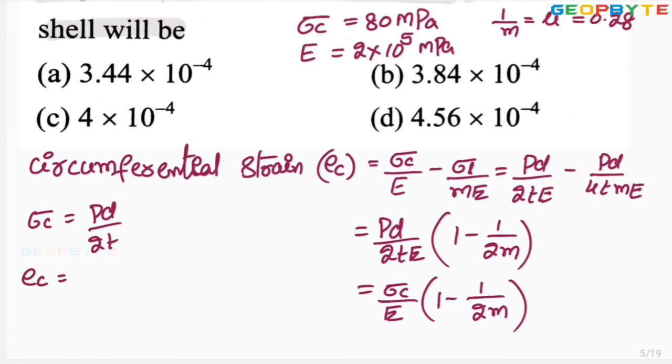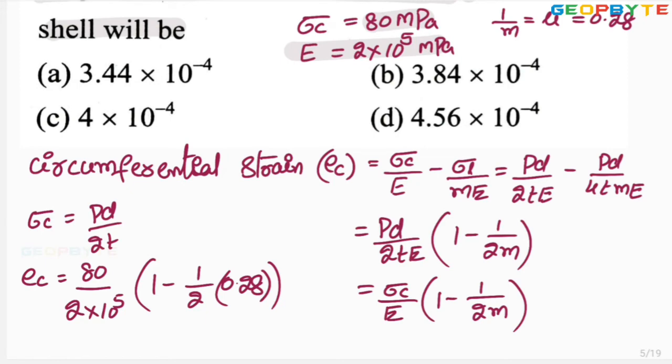Therefore, circumferential strain equal to sigma C. Look at the sigma C value. Sigma C 80. It can be written as 80 by Young's modulus. Young's modulus is 2 into 10 power 5, into 1 minus 1 by 2 into Poisson's ratio 0.28.